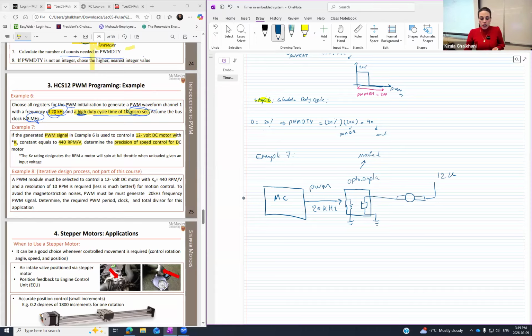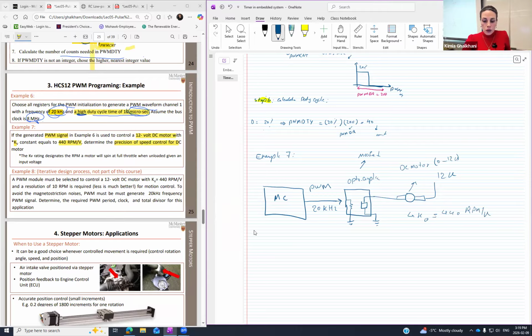So this is what we are going to do. This is my DC motor, and the information in here is 0 to 12 volts. Minimum and maximum information is always supposed to be provided by the manufacturer for any device. And from the question, I have kV to be 440 RPM.